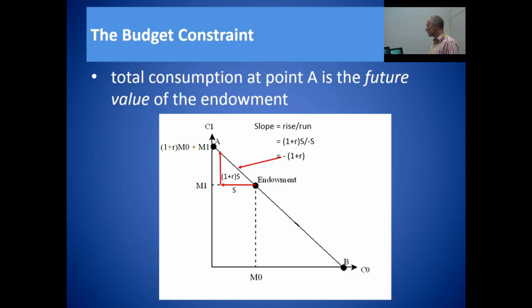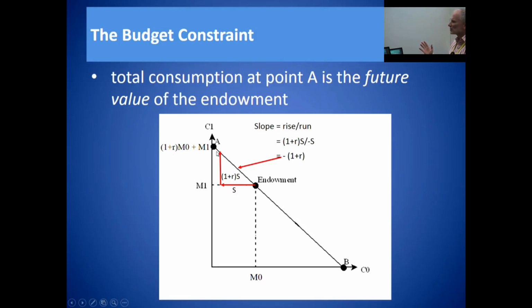So the endowment for the individual is worth a certain amount of income in the present and a certain amount of income in the future. Well, what would happen if the individual said, I don't want any consumption in the present, I'm going to convert it all to future consumption? Well, that's what we get at point A, the future value of the endowment. And if we wanted to calculate it, that is what it would be. 1 plus r times m0 plus m1.